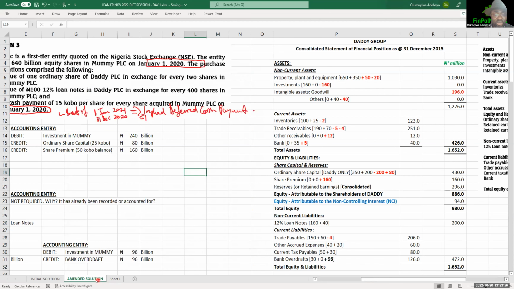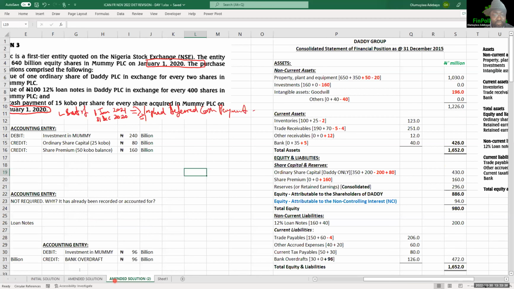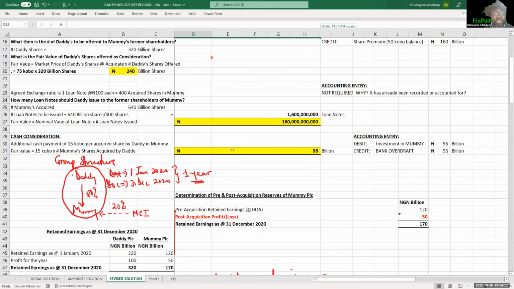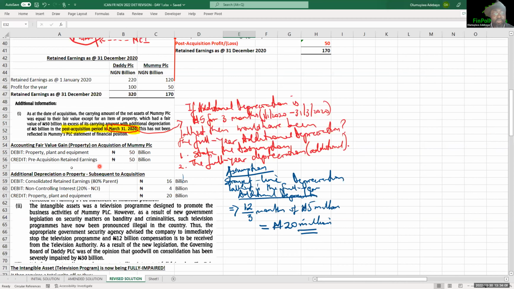Let me also now go to one other assumption that we made. I'll call this revised solution. Now, there's an assumption we also made with respect to this intangible.